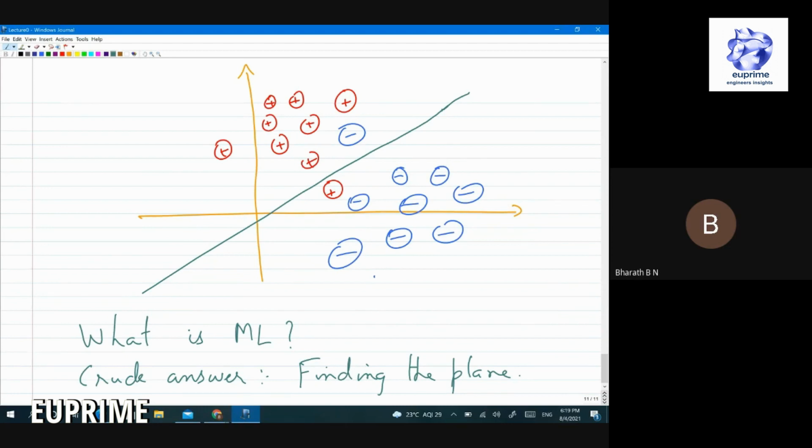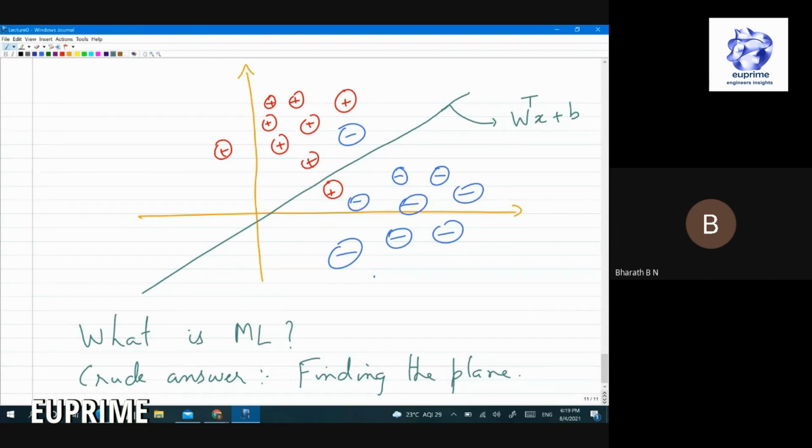So I can write it as W transpose x, where W is like a, b, c. So the equation of the plane would be W transpose x plus B. It's almost like mx plus c. Why this represents a plane is something that we will look at when we study linear algebra. So this is the equation of a plane.